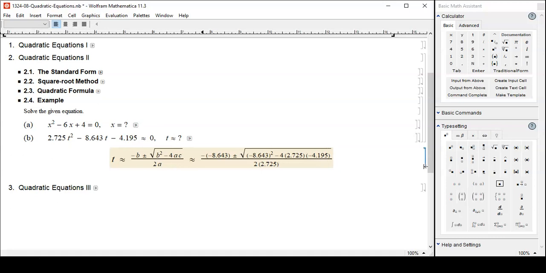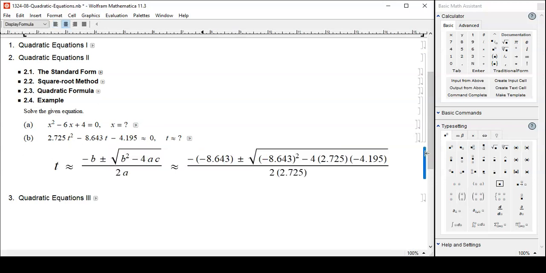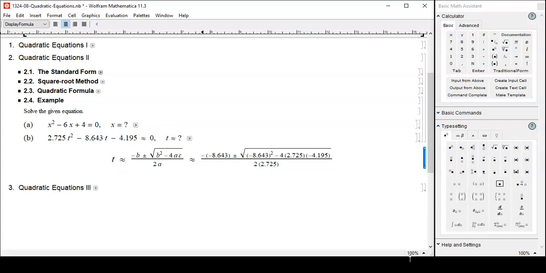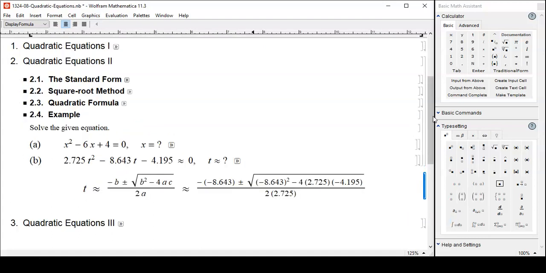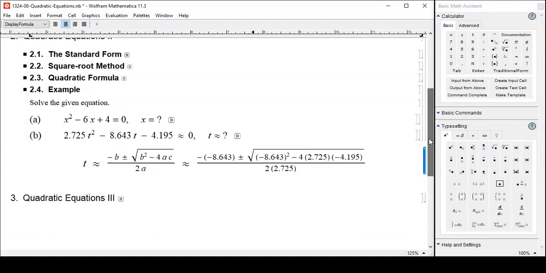Please check. Did I put in everything correctly? Even bigger font, maybe. Oh, that's too much. Okay, about that. And then let's run the calculator. Pick up your calculator and then calculate it out.